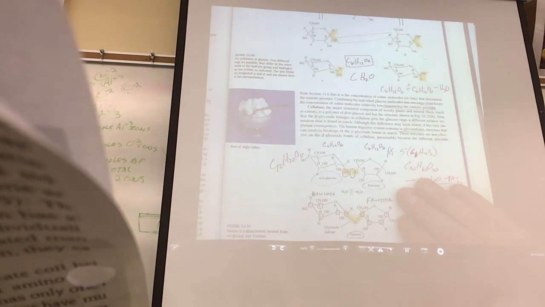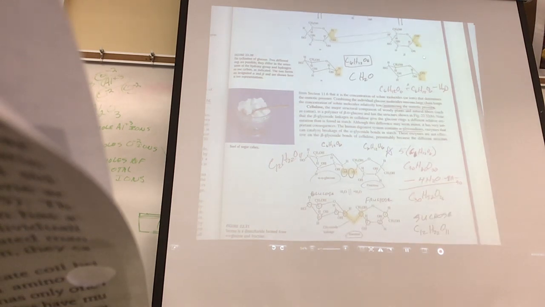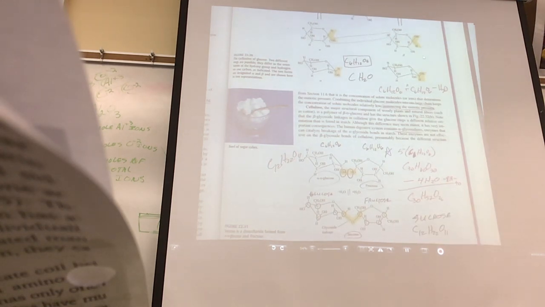If you want to join 5 sugars together, you take away 1 water, 2 waters, 3 waters, what? How many waters do you take away to join 5 sugars? 4. What if you want to join 100 sugars? 99. Yes. Anyway, it's kind of weird math, but if you want to know the final formula of a 5 sugar compound, you could do it this way, and there it is right there.